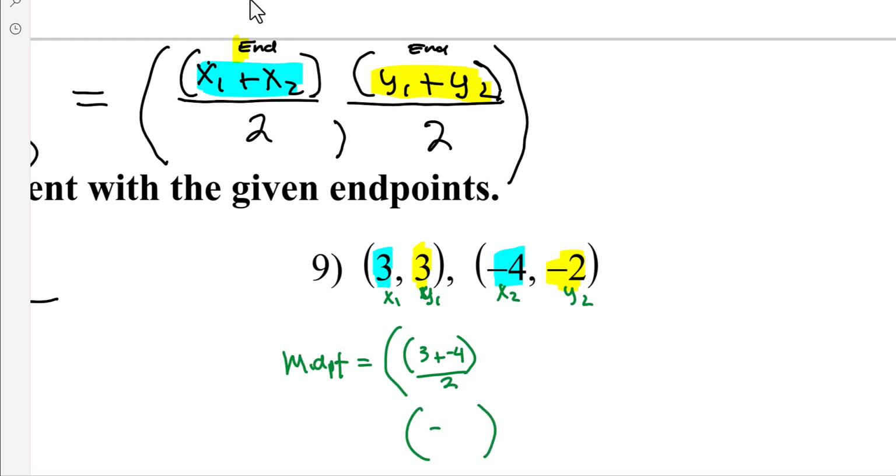So we're going to have -1/2 for the x value. Oops, I'm going to make that a little bit bigger. And then we have 3 plus -2, that's +1. So -1/2, +1/2. That's the midpoint value.